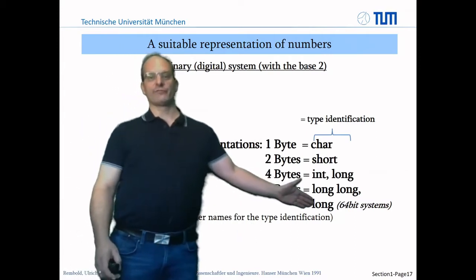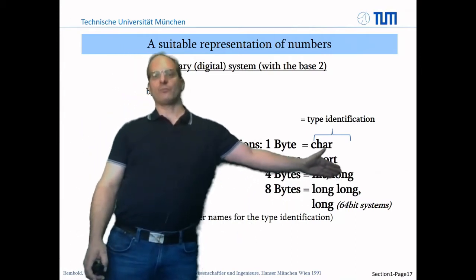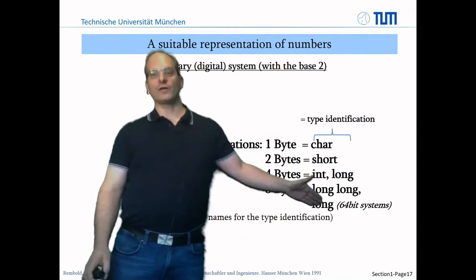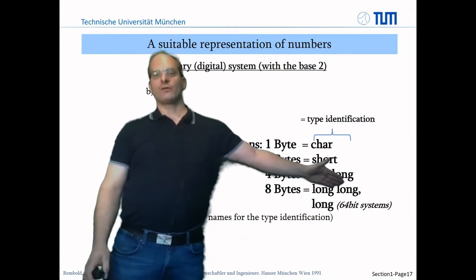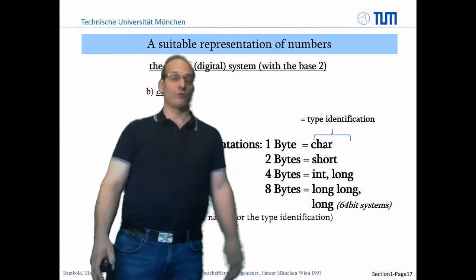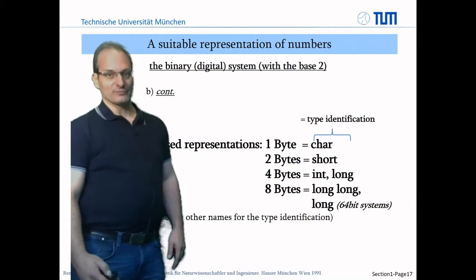There is a small difference between 32-bit systems and 64-bit systems, so that they represent the long type in a different way, which also leads sometimes to problems in programming.